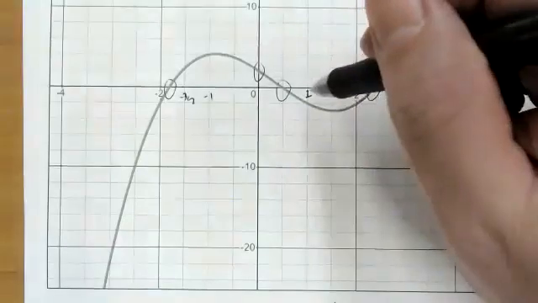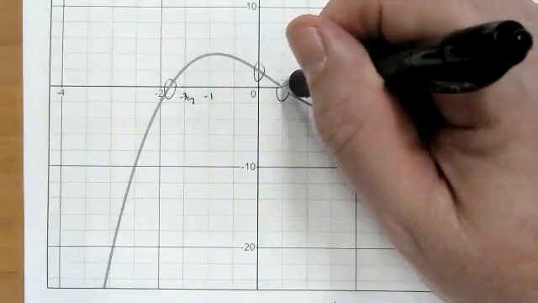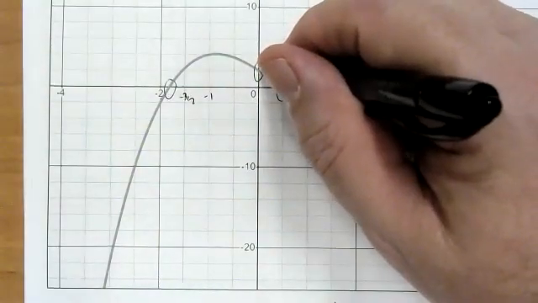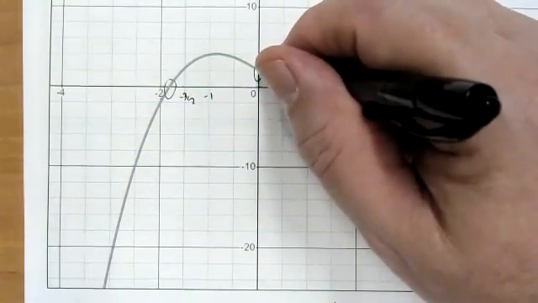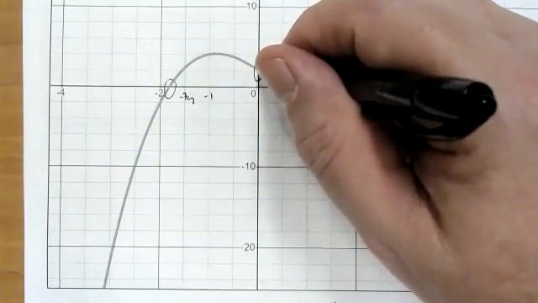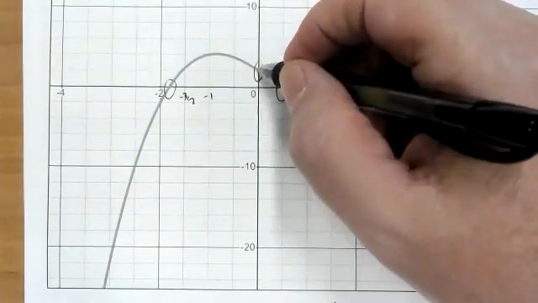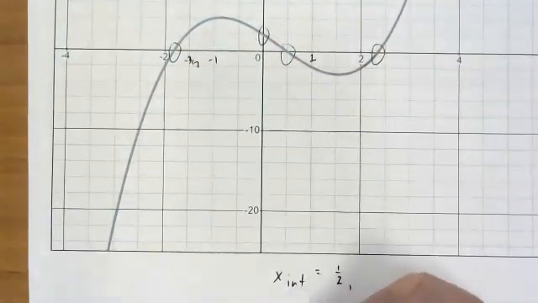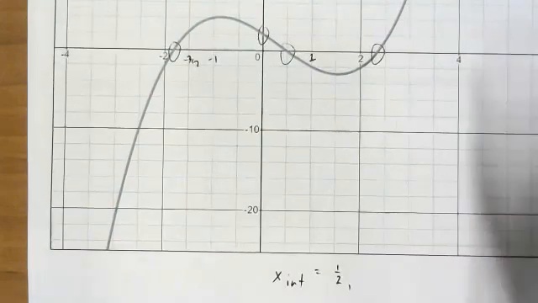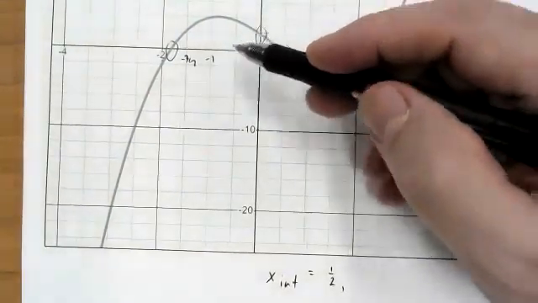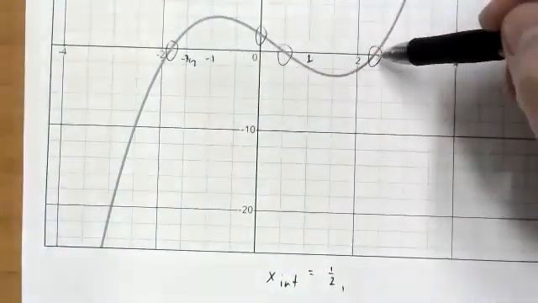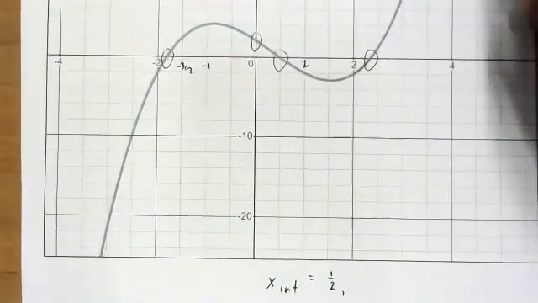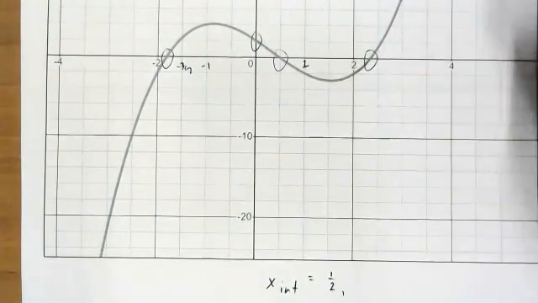Oftentimes with graphs, it's very clear, like even up here for this y-intercept. It's very clear that this graph crosses exactly at this point 0, 2. So the y-intercept, I'm very confident I can say it's 2. But these two x-intercepts on either end, I have no idea exactly what the value of x is where this graph crosses.